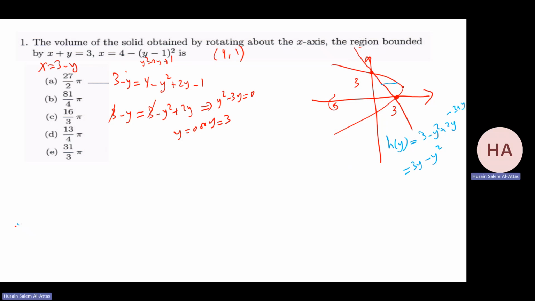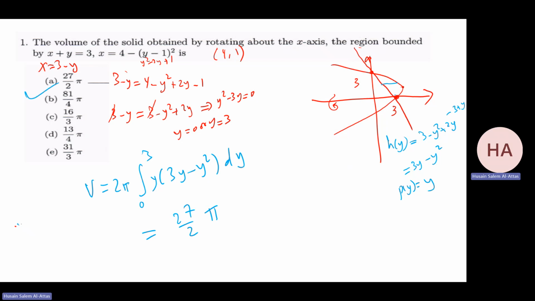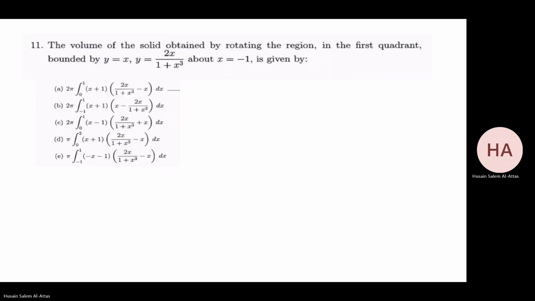And b of y will be y. So the volume will be 2 pi. That's from where to where? The y values. From 0 to 3, y, 3y minus y squared dy. Yeah, this is just a matter of calculation. If we do the calculations, you will get 272 pi. I will leave the calculation for you.